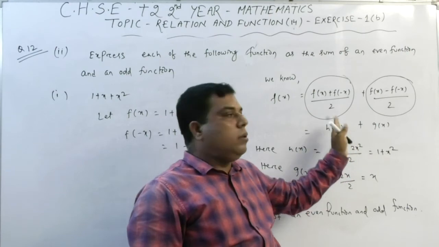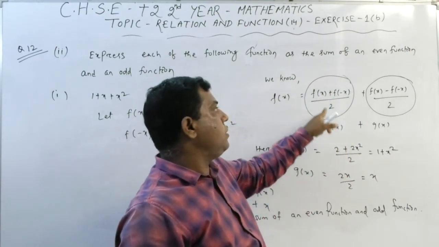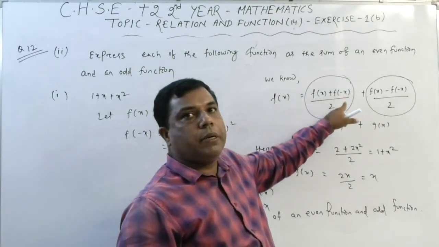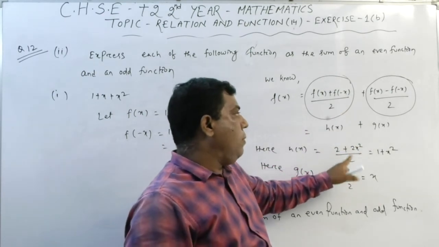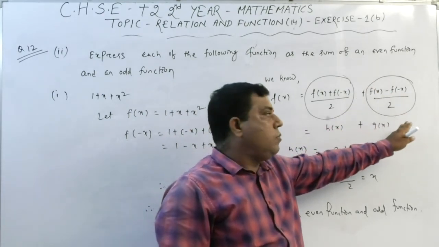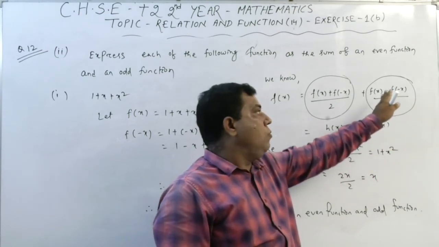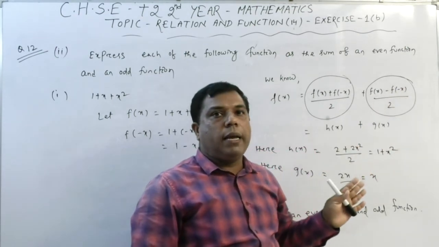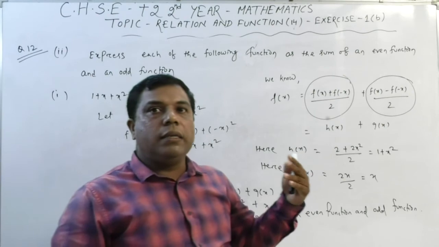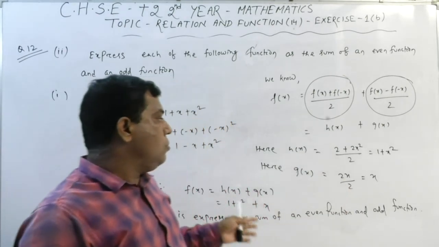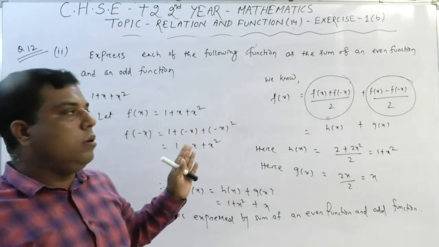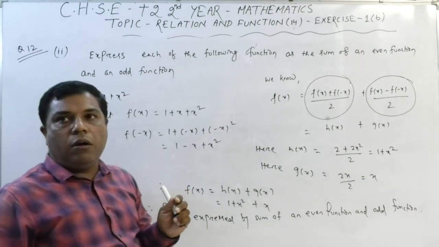The function h of x, which is equal to f of x plus f of minus x by 2, is an even function, and the other part g of x, which is f of x minus f of minus x by 2, is an odd function. Okay, so in this way you have to convert a function into a sum of even and odd functions.